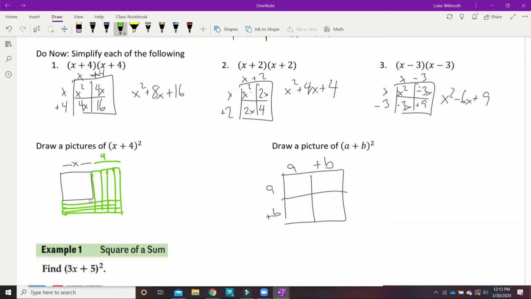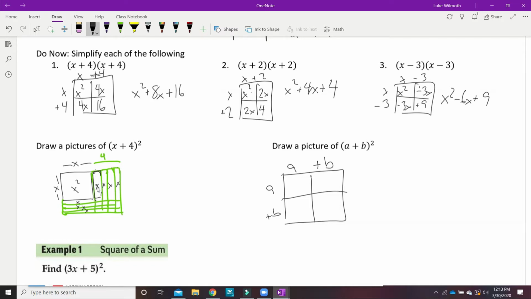Kind of see what I'm looking at here. So this is the length x squared. X times x makes an actual square of x. These bars right here are 1, 2, 3, 4. These are bars of x. And these are also actually bars of length x, because it's x times 1. So that just makes this a length of x.